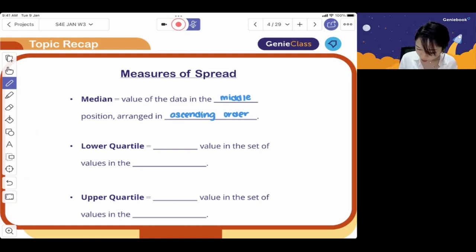And the lower quartile is the middle value in the set of values in the lower half. And finally the upper quartile, that is also the middle value, but this time it is from the set of values in the upper half.